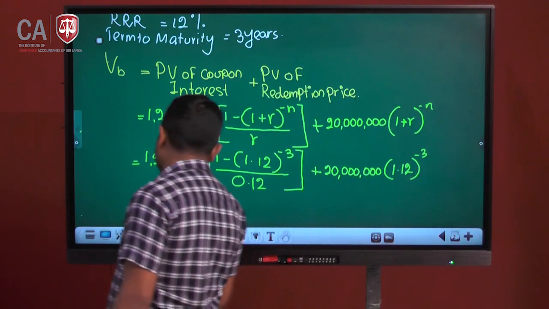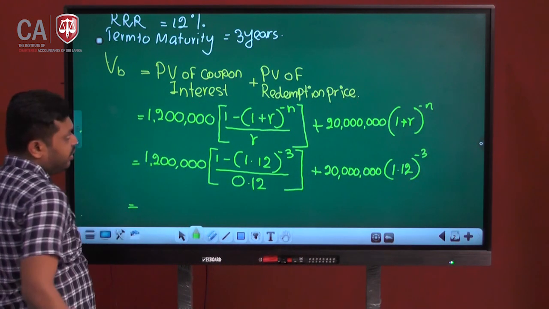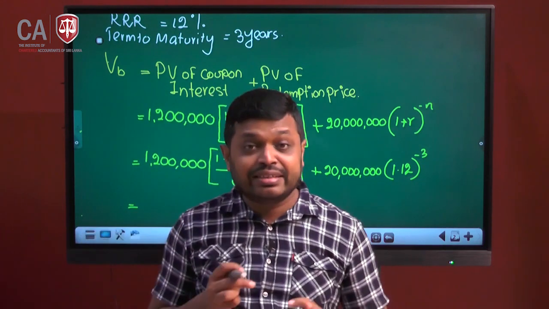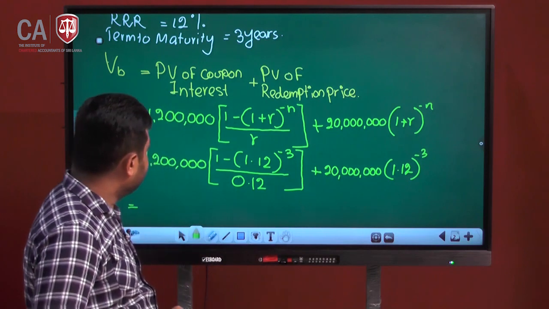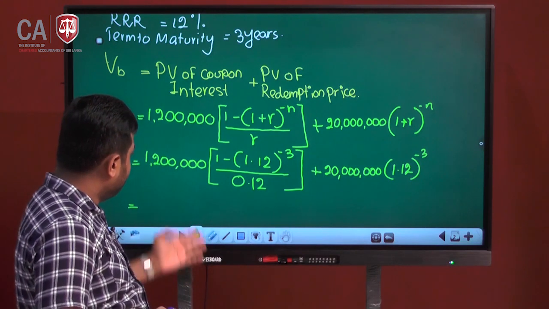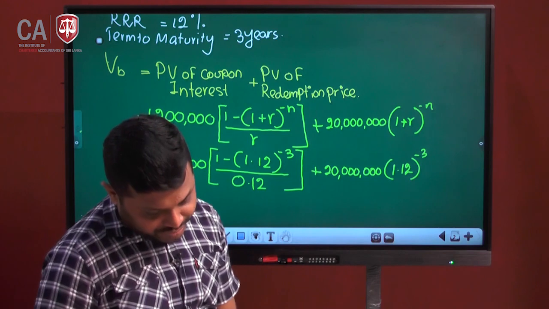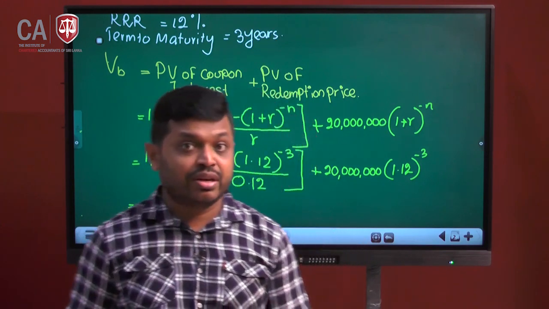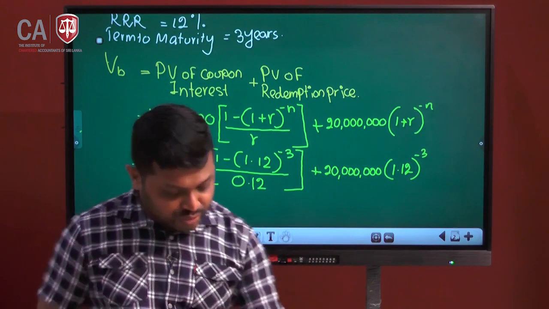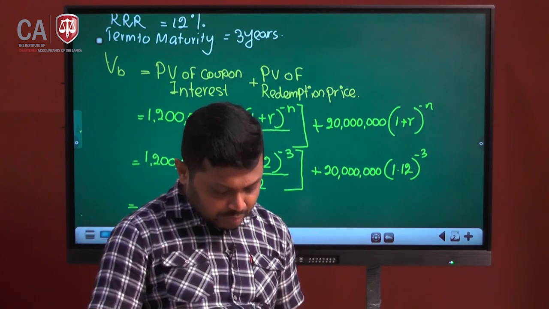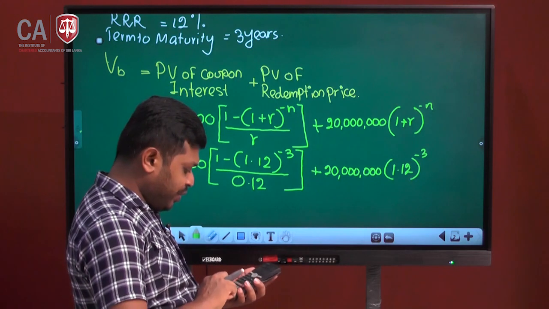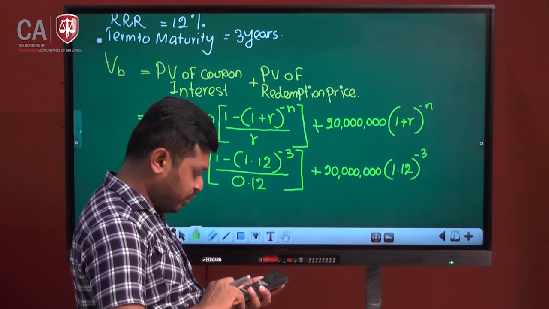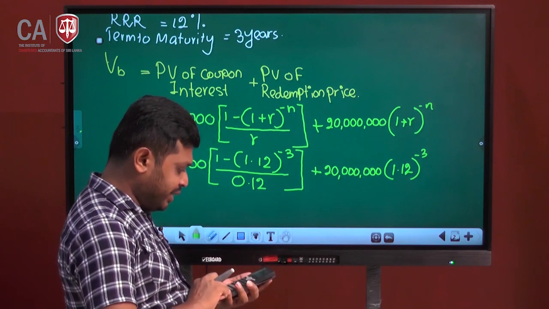If you work out the present values, then you will get the exact value at that time when you purchase this bond, the amount you have paid. You can take the present value of interest and present value of redemption price. Present value of interest you can quickly work out: 1.12 power minus 3, 1 minus answer, divide by 0.12, into 1.2 million.